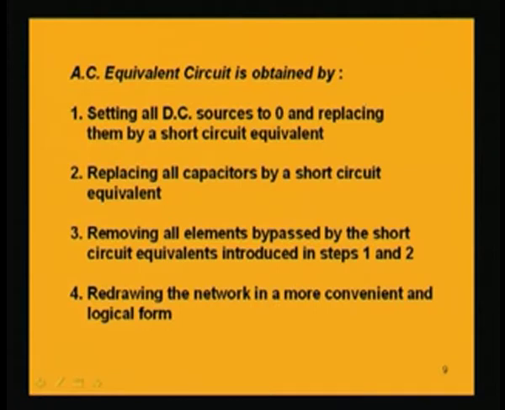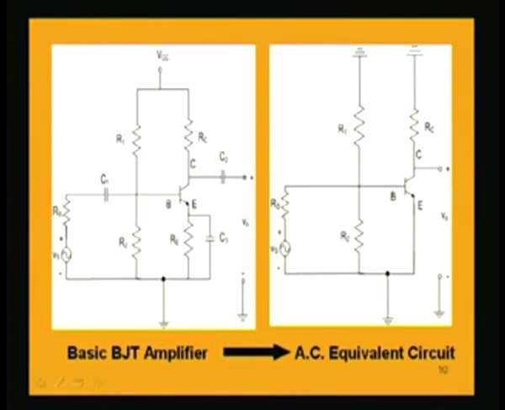After doing these 3 steps, we redraw the network in a more convenient and logical form, so that the analysis can be done conveniently. So, let us now see how to draw the equivalent AC circuit for this BJT amplifier. It is a common emitter amplifier employing the potential divider bias scheme for DC biasing.